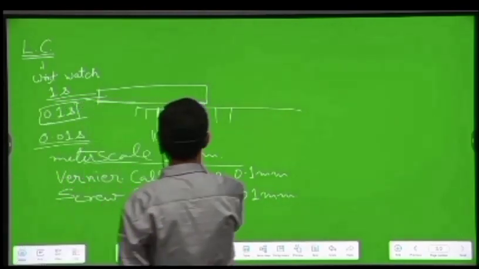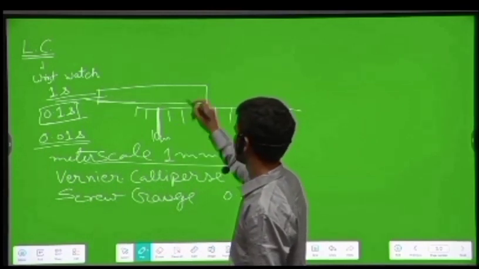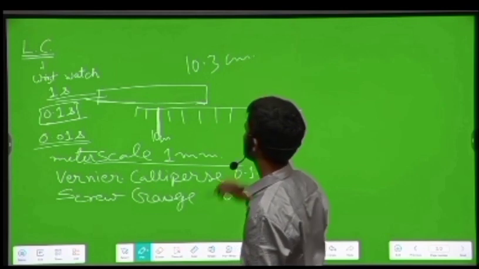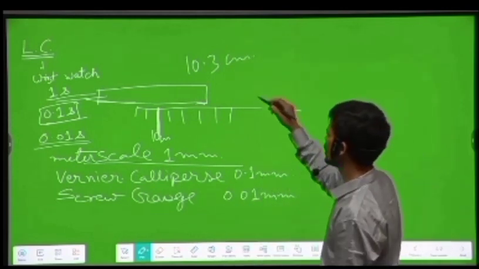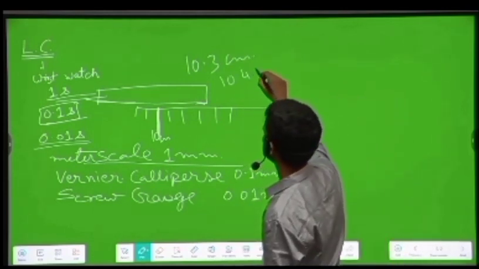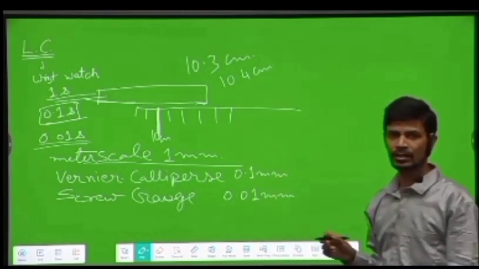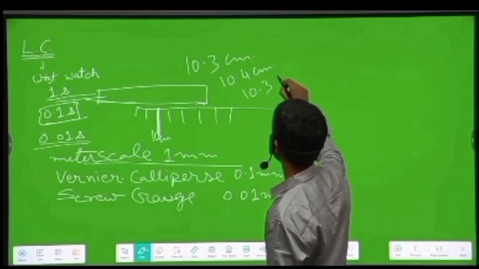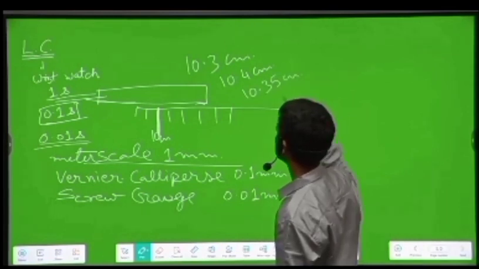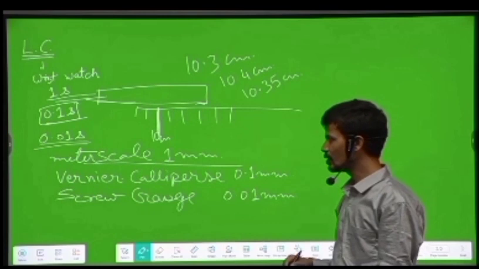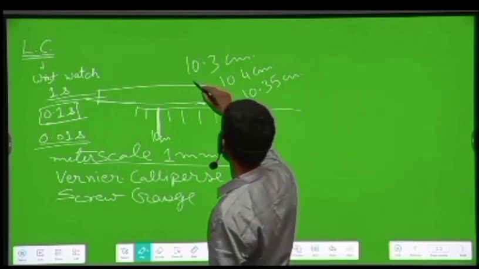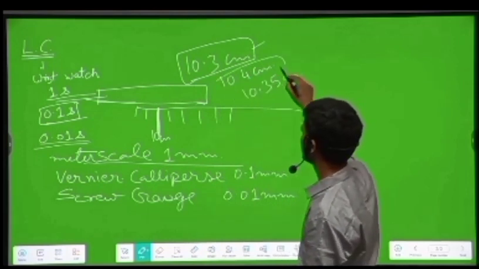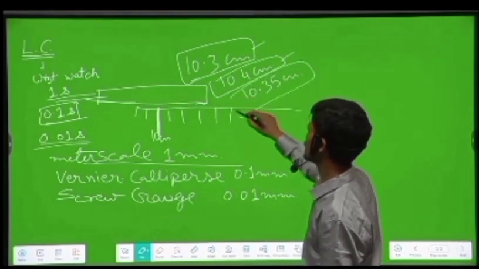So many of us will say that it is 10.3, and some others would say that it is 10.4. But there would be some others also who would say that it is 10.35 centimeter. Now see, you must be surprised to hear this, that this value is accepted, this is also accepted, but this is not accepted.